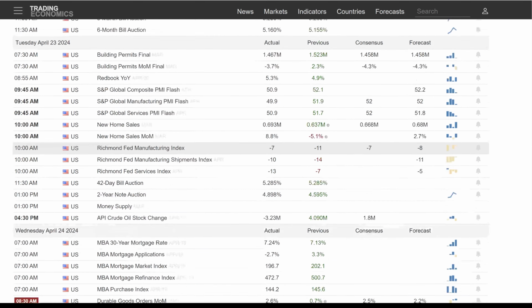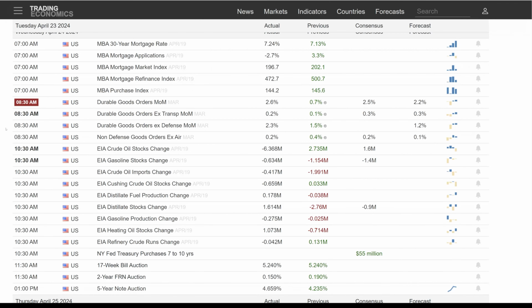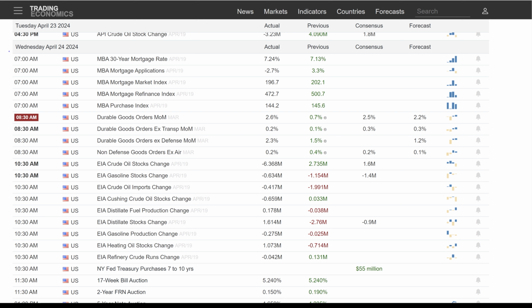On Wednesday, things started to go a little bit south because on the MBA mortgage rates, we are still seeing 7.24 coming up from 7.13 on the 30-year mortgage rate, and obviously minus 2.7 on the mortgage applications. Refinances are still going higher, quite high, about 450, because people are trying to get rid of bad mortgages.